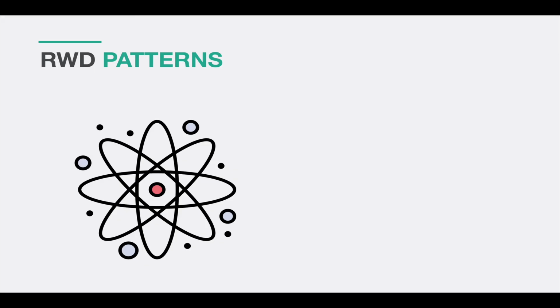So before we get started, let me talk a little bit about where this information is coming from. There's these two gentlemen, Ethan and Luke. Don't ask me to pronounce their last names because I have no idea how to pronounce them. But Ethan and Luke are two very important figures when it comes to responsive web design. Ethan, in 2010, wrote an article called Responsive Web Design, and it triggered the whole responsive web design movement.